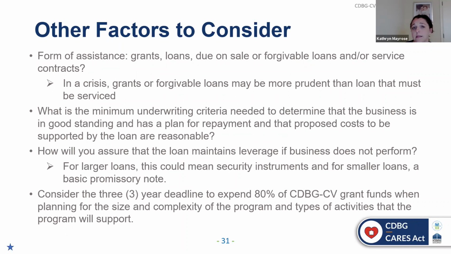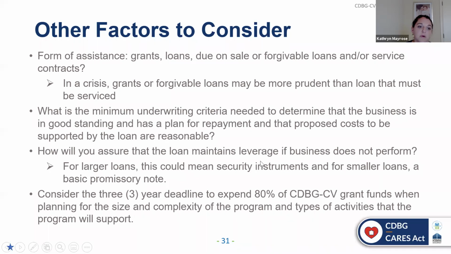In a crisis like the coronavirus situation, it may be a little more workable to do grants or forgivable loans because if you're doing loans that have to be serviced, then you're looking at another administrative component for your staff to manage, as well as potentially making it more difficult for businesses and even disincentivizing participation if businesses don't want to take on more debt. Then you're going to want to look at underwriting criteria. And again, we will talk about this in more detail tomorrow.